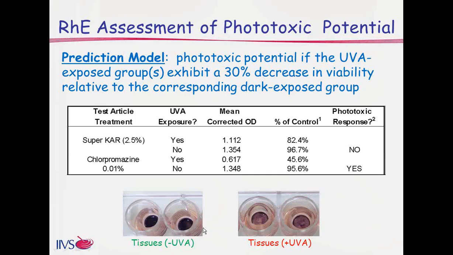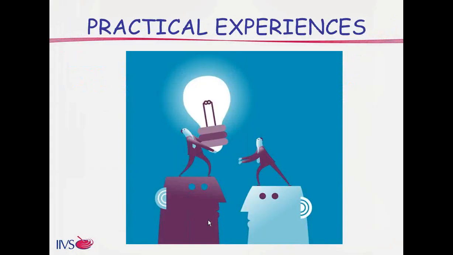And here at the bottom of the page, you can see tissues exposed in the absence of light, where you see the MTT purple coloration, which may be very similar to our controls. And then over to the right here, we have tissues exposed in the presence of UVA that have a viability reduction, perhaps maybe around 40%. So in this particular example, this test article would have also exhibited a phototoxic effect.